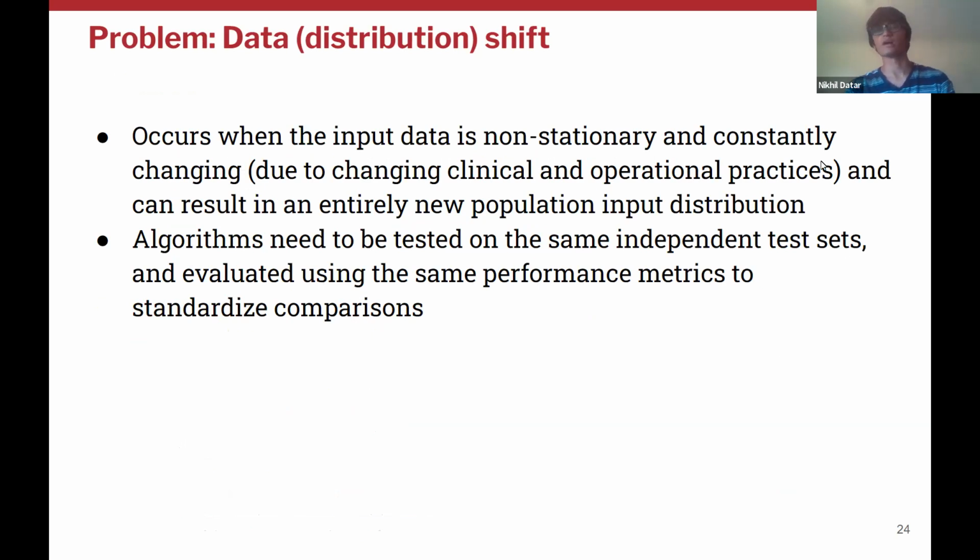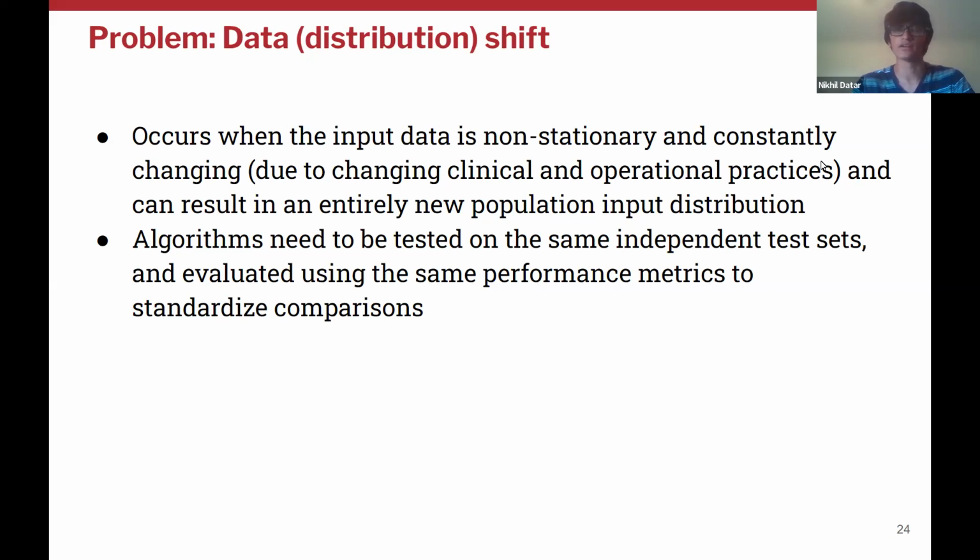And this is very common in clinical settings because there's often changing clinical and operational practices that occur within different institutions. And that can basically change the population input distribution of the patients at a particular institution.